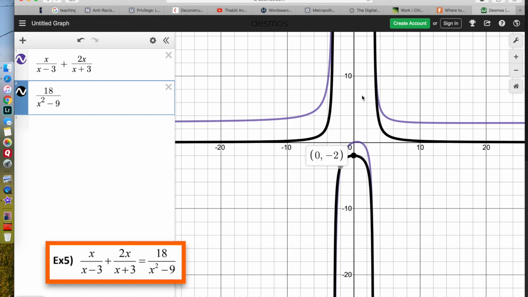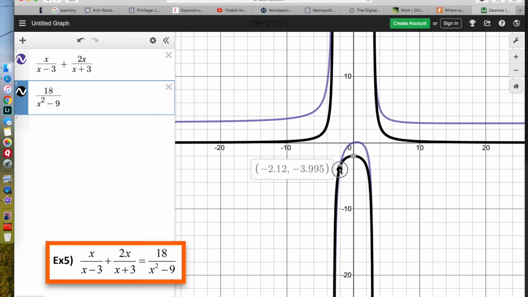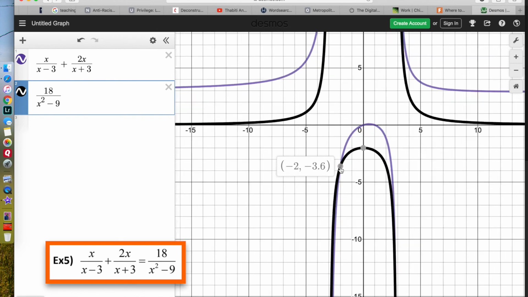But there's this other random point here that seems like it's not a local min, a local max, an x value or a y value. And as we see, it is x equals -2, which is the solution that we thought was a solution.